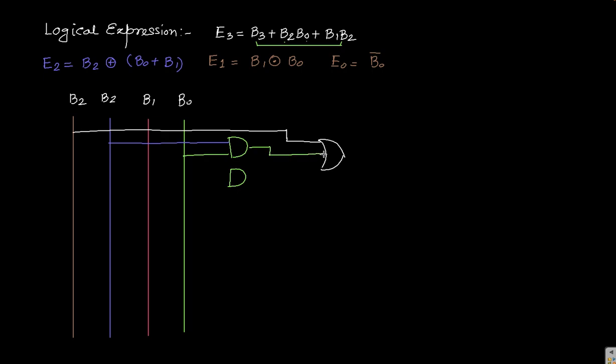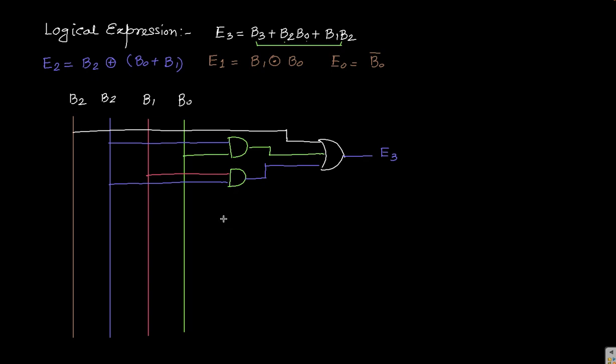Then it is ORed again with B1 B2, that means B1 and B2 are ANDed, and that output is ORed with this gate, then it becomes E3.